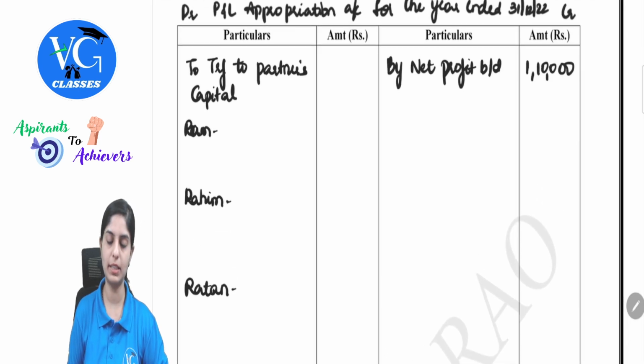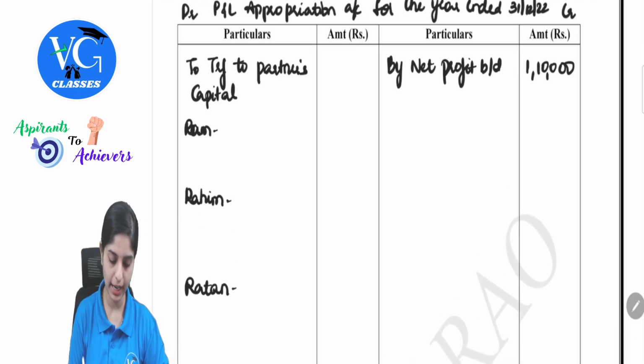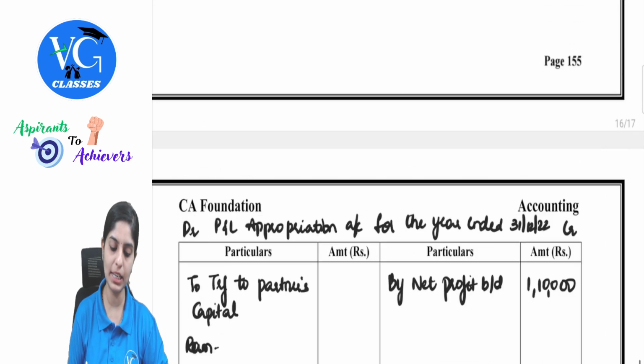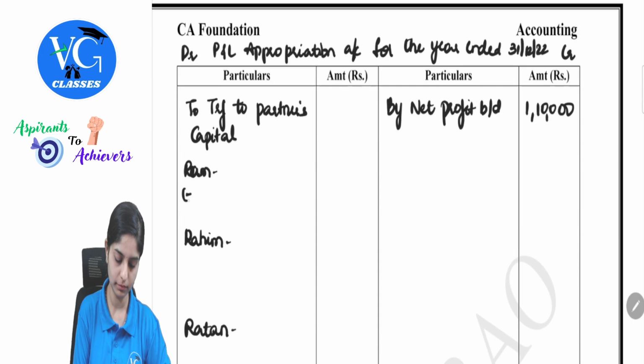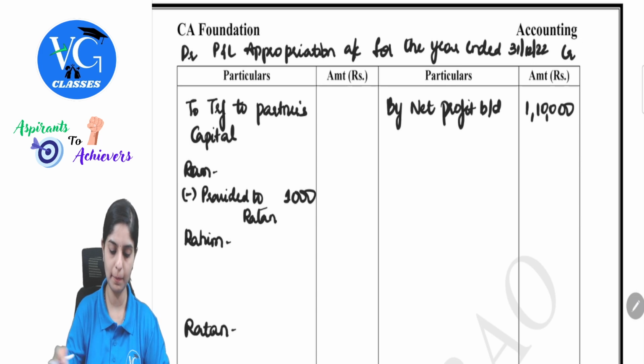Ratan was first apportioned with 1,000 extra. Why? Because that is being given from whom? Ram's share. Provided to Ratan 1,000.